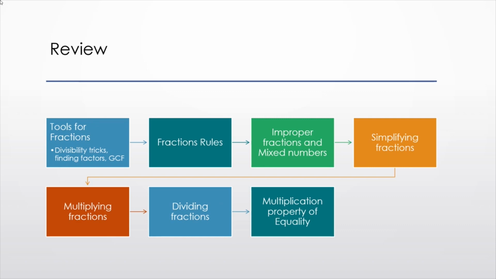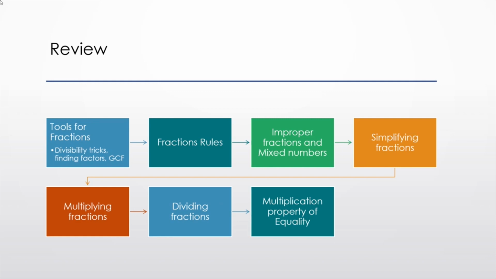We looked at improper fractions and mixed numbers, and how to convert between the two. We looked at simplifying fractions. When simplifying fractions, you want to find what's in common with the numerator and the denominator, split them up, and then cancel out what they have in common. And when you're canceling things out, if everything cancels, you're left with ones.